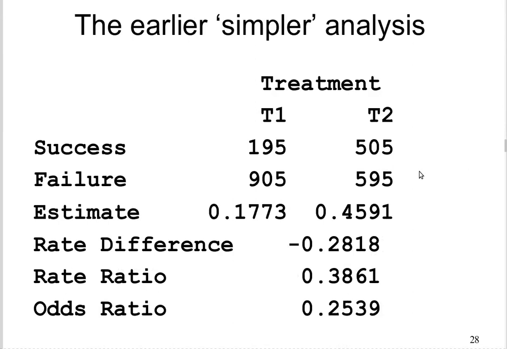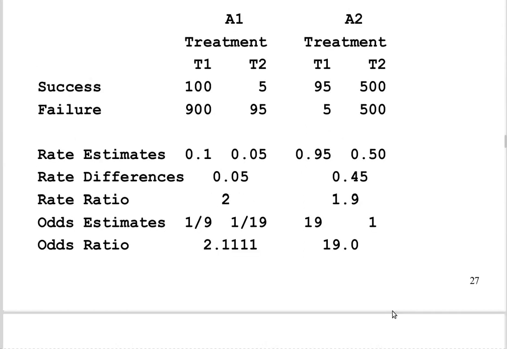And so notice with the earlier example, so without the identification of the surgery group, we got a rate difference that was negative, a rate ratio that was less than 1, and an odds ratio that was less than 1. What do we get here? We get rate ratios that are both greater than 1, odds ratios that are both greater than 1, and quite different.